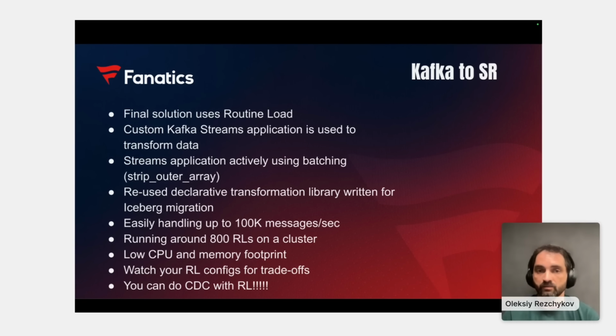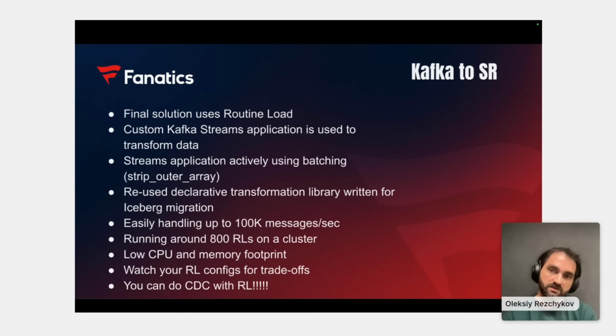With a declarative configuration that is externalized, it was much easier for us to build a pretty small Kafka Streams application that pulls the data from our original topics, transforms it the way we want, and puts it in routine load ingestible topics.